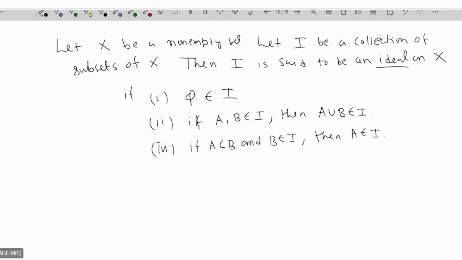So if we replace 2 by, let's say, 2 double dash: if you have A_n belongs to I for n belongs to N, then the union of A_n belongs to I.